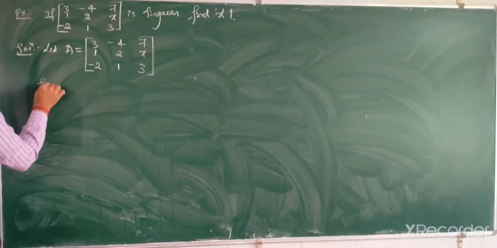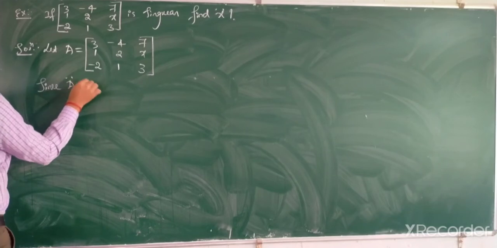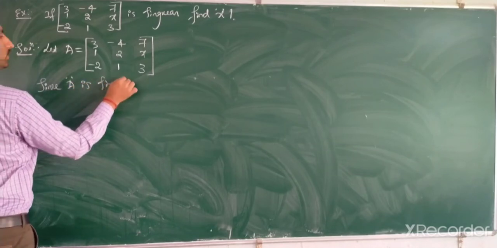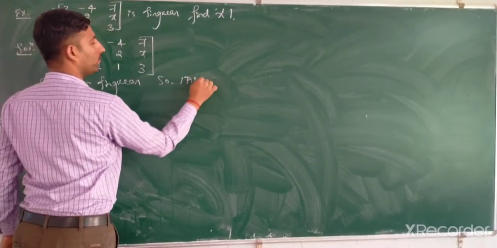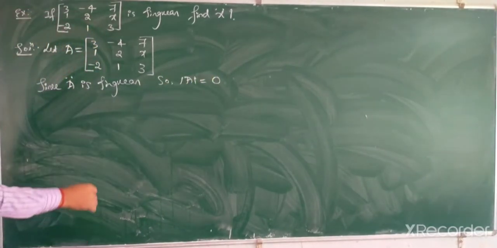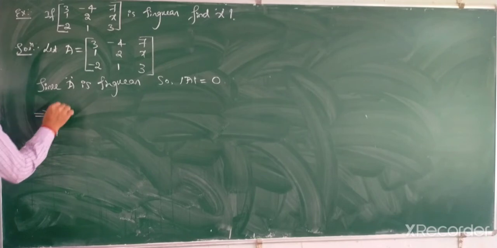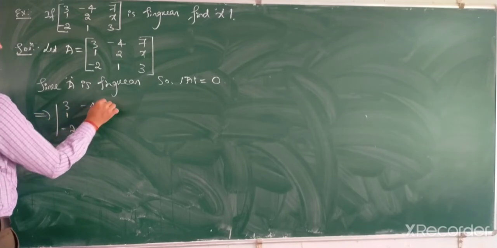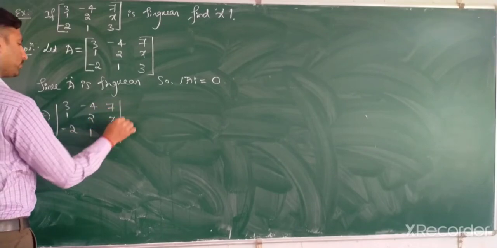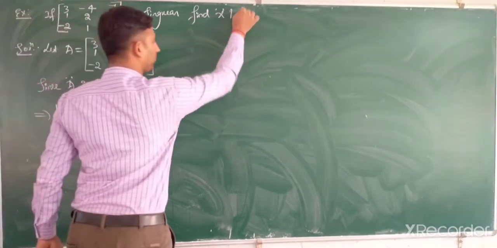Since A is singular, so determinant of A is equal to 0. Correct? Which implies determinant of 3 1 minus 2, minus 4 2 1, 7 x 3 is equal to 0.